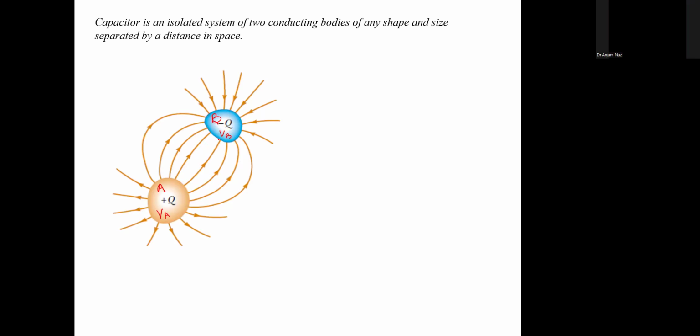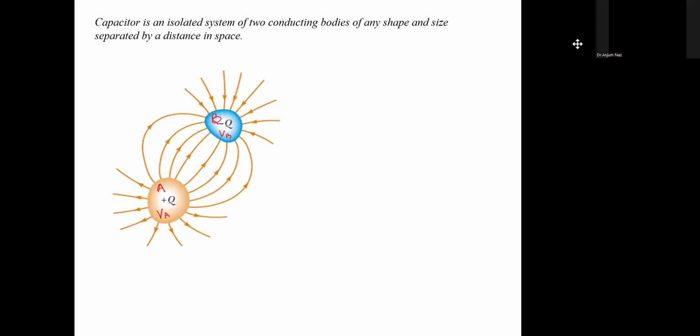So a capacitor is an isolated system of two conducting bodies of any shape and size separated by some distance, and these conductors are called the plates of the capacitor.